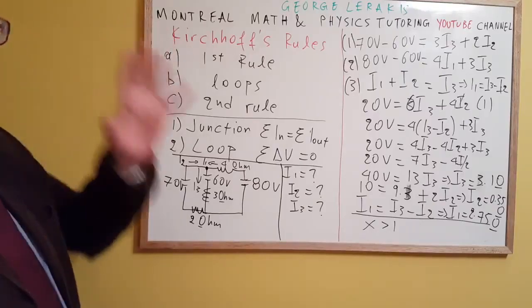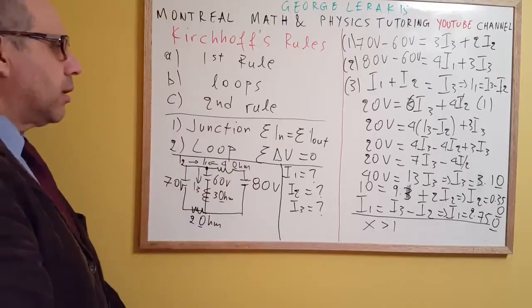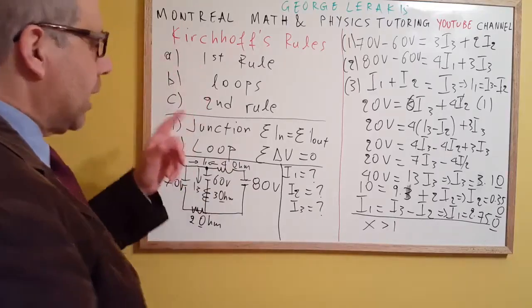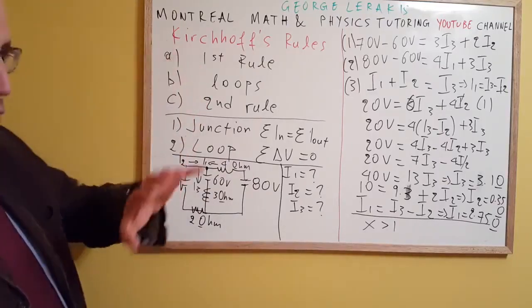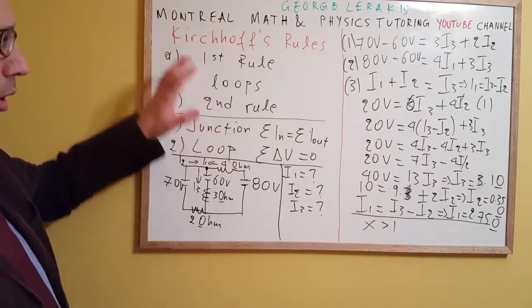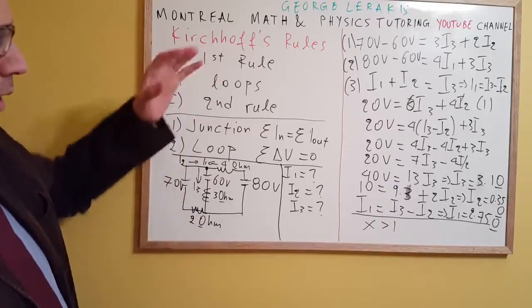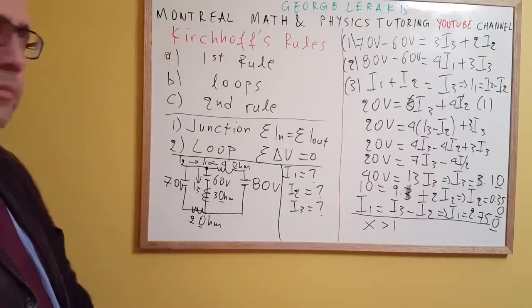You don't have to worry about any of these three problems, because for A, you can use any junction, it doesn't matter which one, and you can arbitrarily assume the direction of the current.